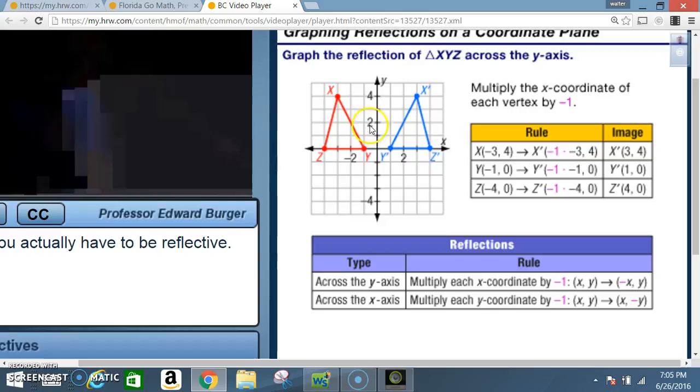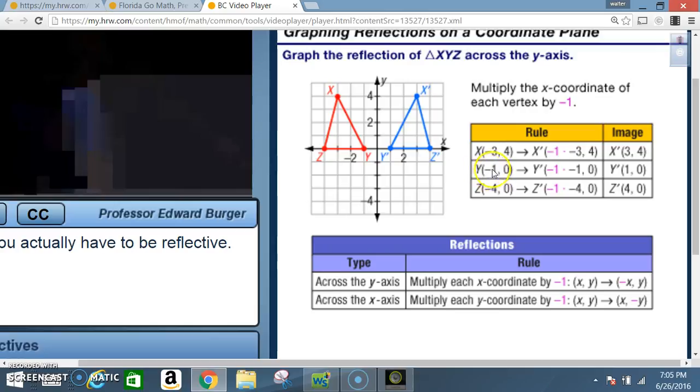Okay, so let's start with x. Currently, x is at -3 and 4. So our rule says multiply the x value by -1. So -1 times -3 is +3. See how it becomes 3, 4? -3, 4 was the beginning, and 3, 4 is the end. For y, we got -1, 0.